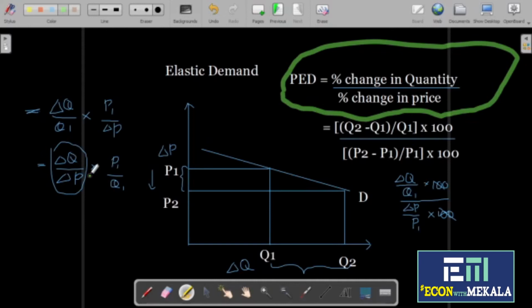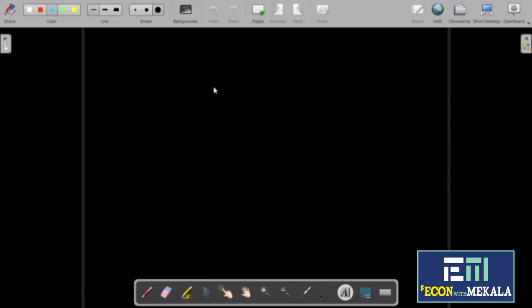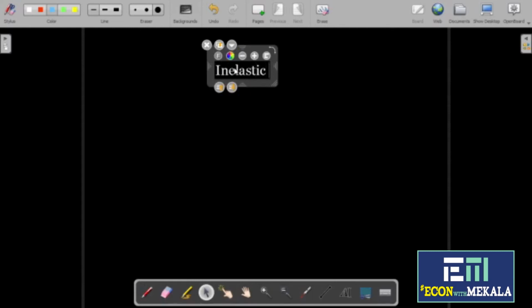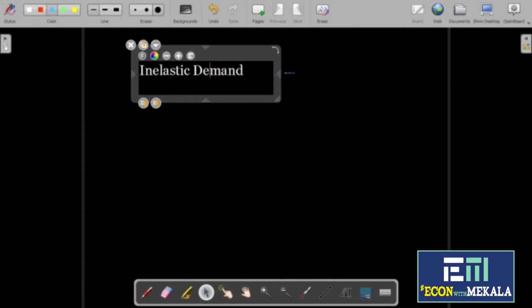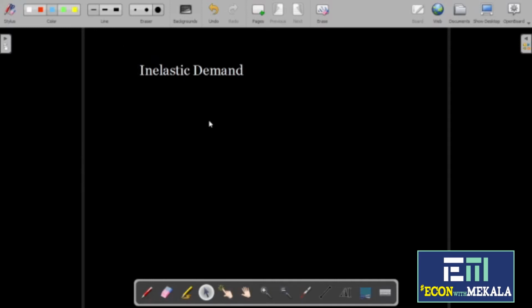So this is how the demand curve for elastic demand would look. Now let's have a look at inelastic demand. I hope you can remember the definition for inelastic demand: percentage change in price is greater than percentage change in quantity demanded.